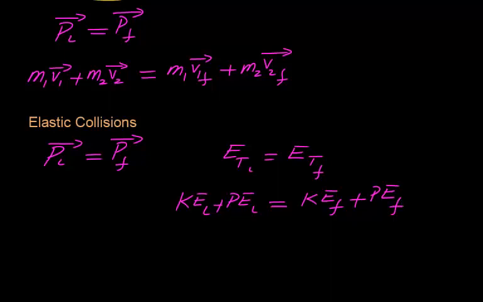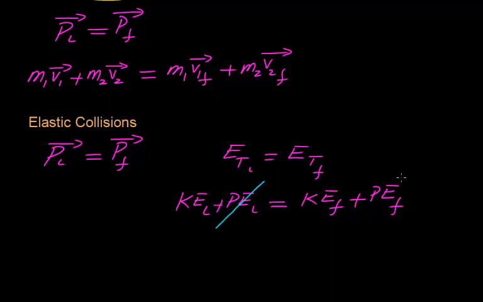This equation can be dramatically simplified by dropping the potential. Potential initial and potential final are equal for one simple reason. When a collision happens, the initial is just before the collision happened and the final is just after the collision is completed, which means the MGH for initial is the same as the MGH for final. They both share the same height.